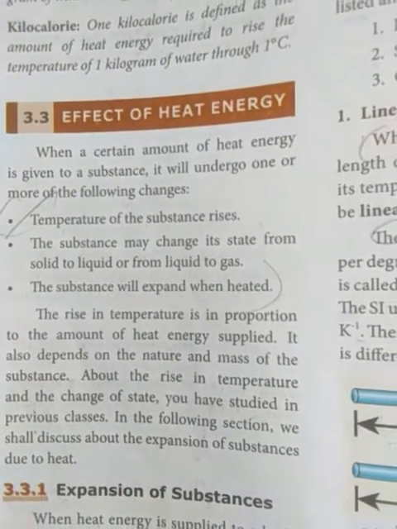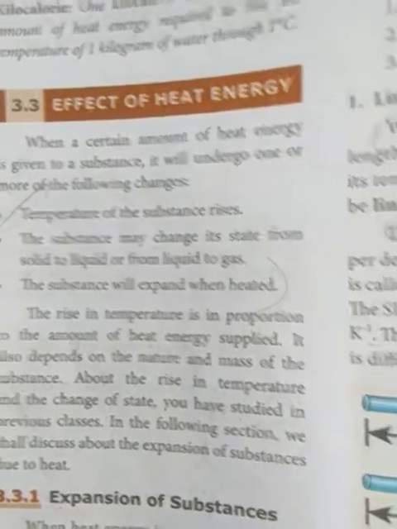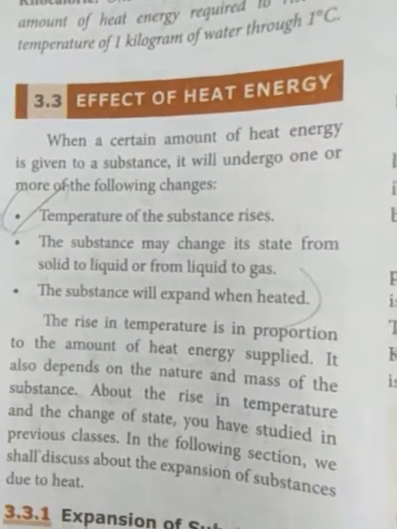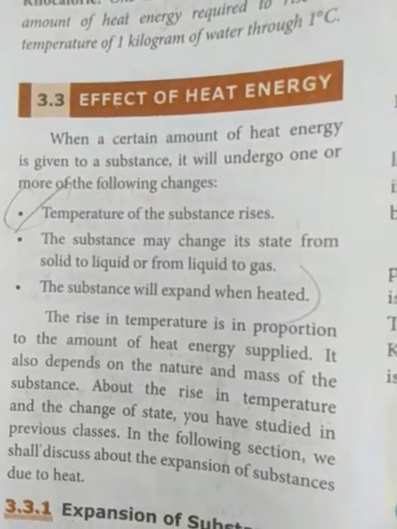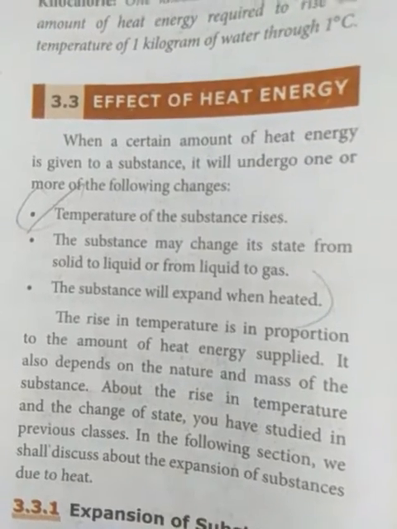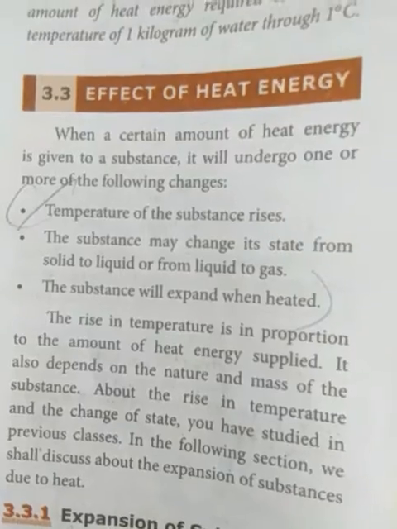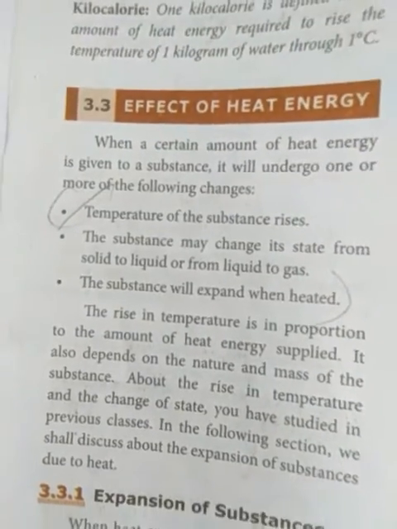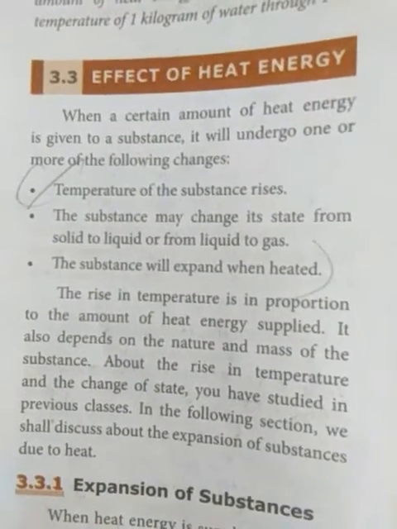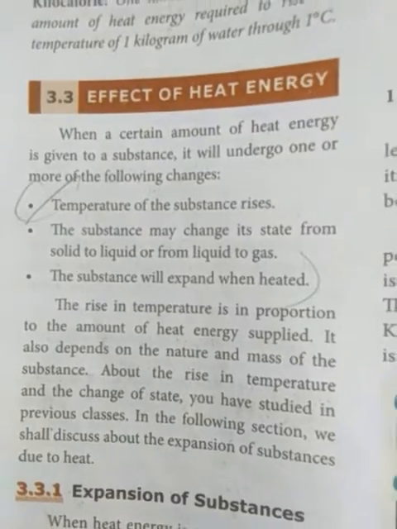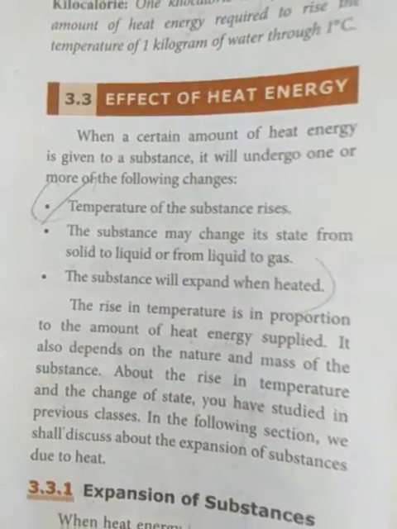The substance will expand when heated. So to conclude, when you heat a substance, it expands or changes from one state to another. The third effect is that heat is transferred to another object.